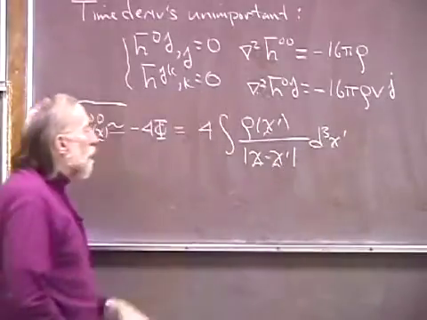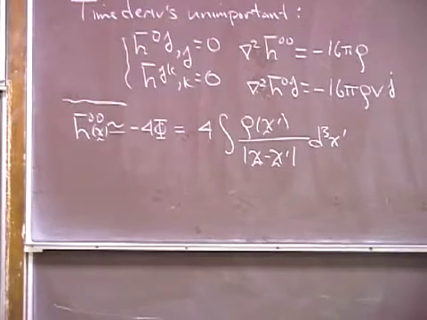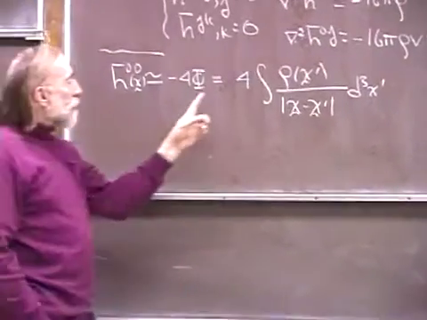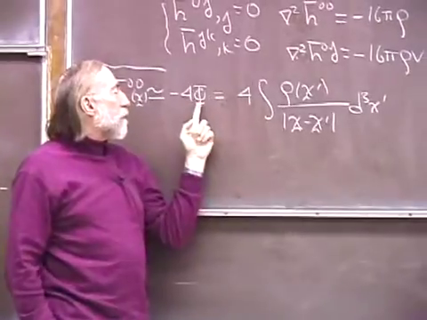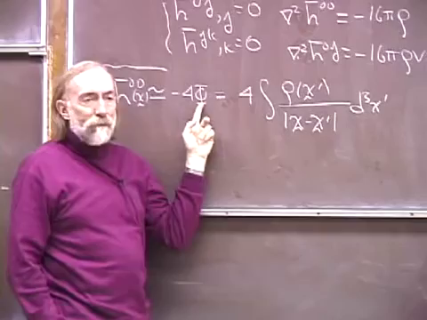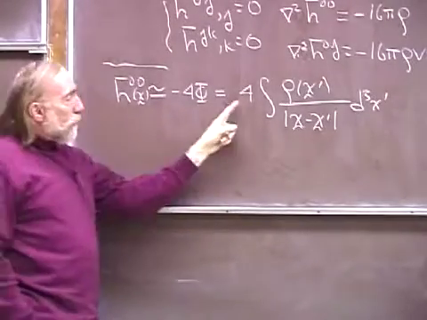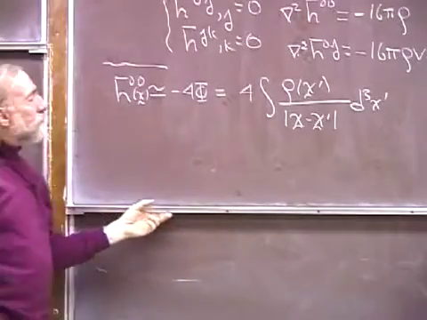So that's the usual 1 over r Newtonian gravitational potential, aside from a factor of -4. My gravitational potentials in Newtonian theory are negative. It's my convention. Okay. And so aside from a factor of -4, it's just the Newtonian potential.